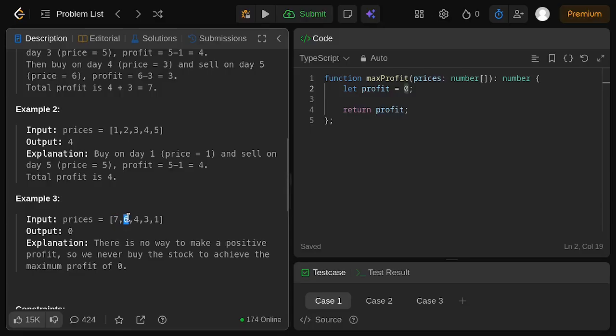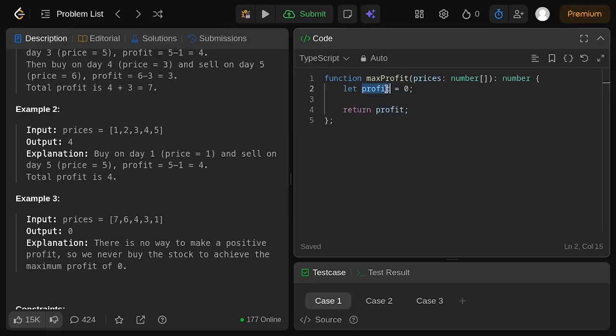It's not a profit. Also 6 with 4, we don't want to sell because it is also not a profit, and it is going downhill from day 1. So we don't have any day to sell our stock, and we return 0 as our answer instead.